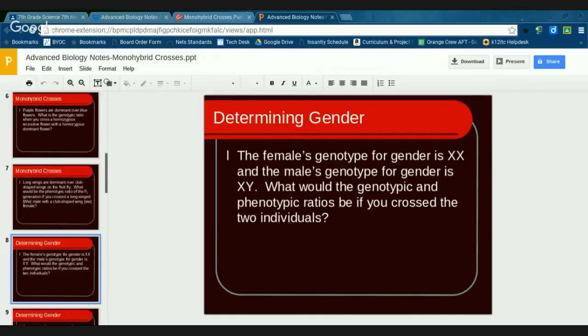Now here's the funny thing. So just go ahead and cross that really quick for me. So set it up in a Punnett square, put the mom on top and the dad on the side. Can't really do genotypic and phenotypic ratios. Go ahead and cross those really fast.